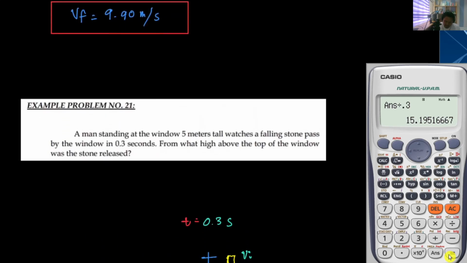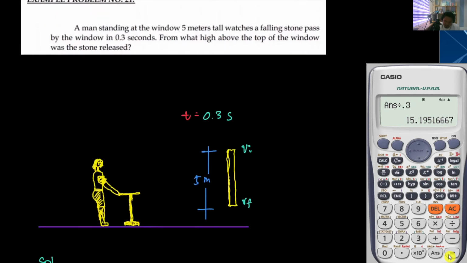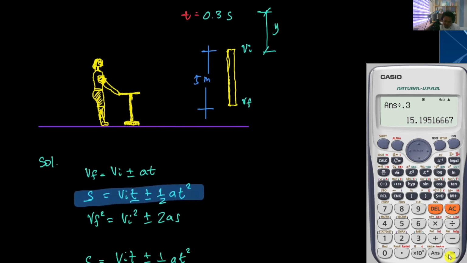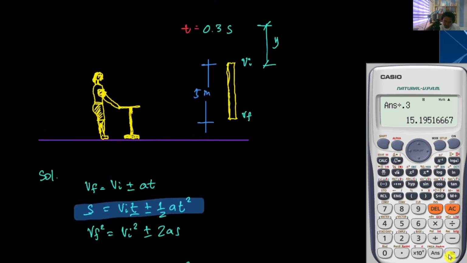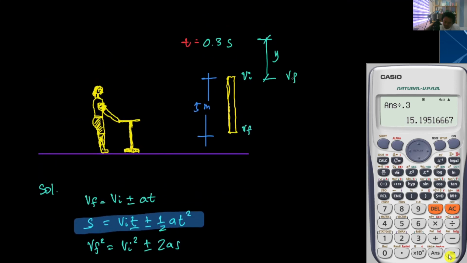So the question wants us to solve the distance here, y, which is the distance from the top of the window to the point of release. Since we already know the velocity initial at the window, that is also the velocity final at this point.